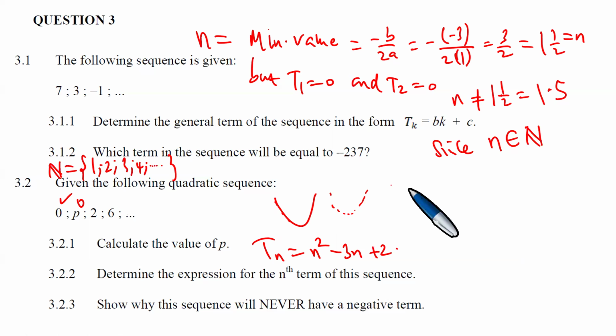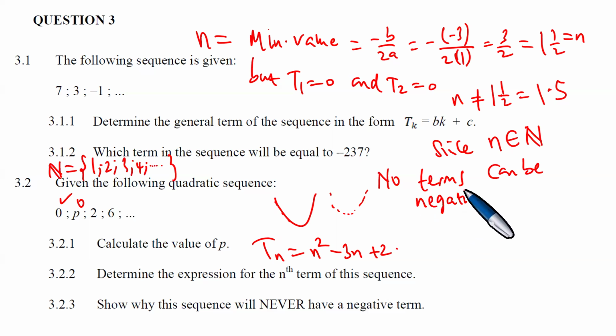Right, so because of that, we conclude therefore that no terms could be negative. Because we want to get n, and to get n we use this formula, because this graph is like this.